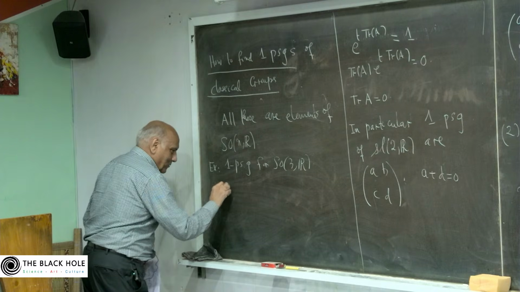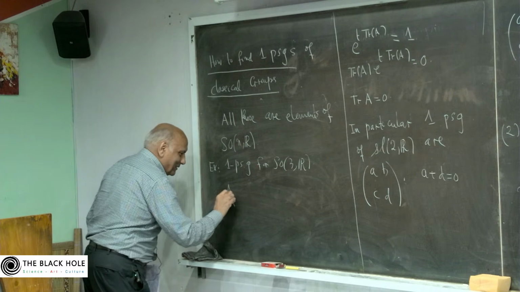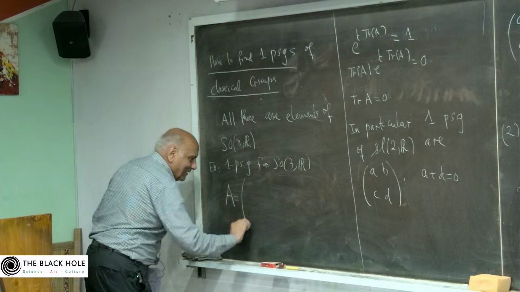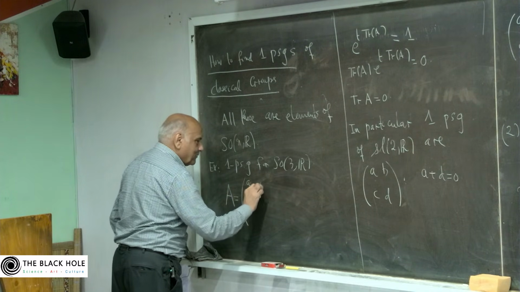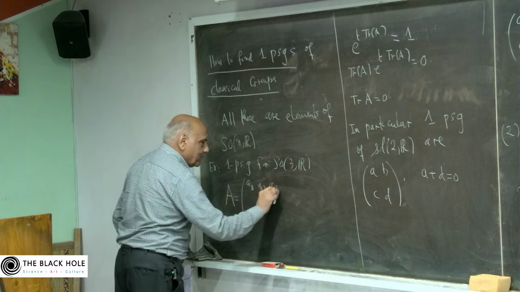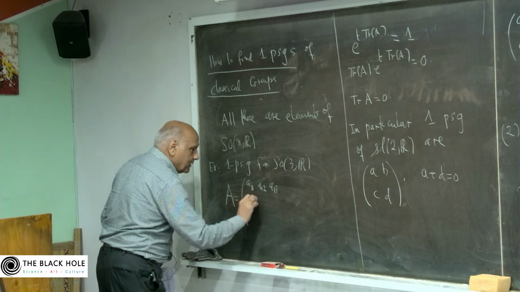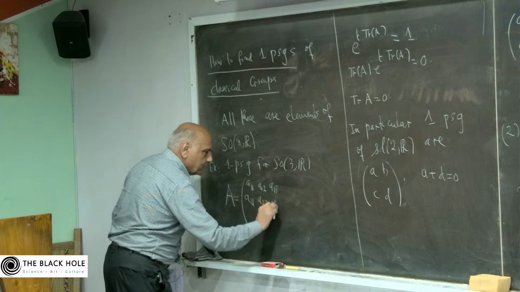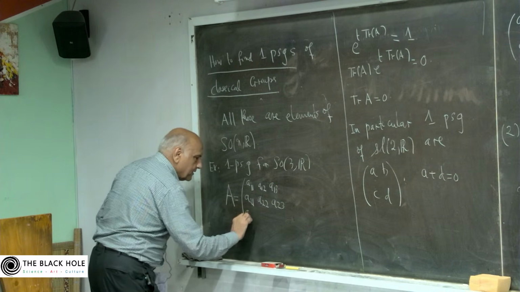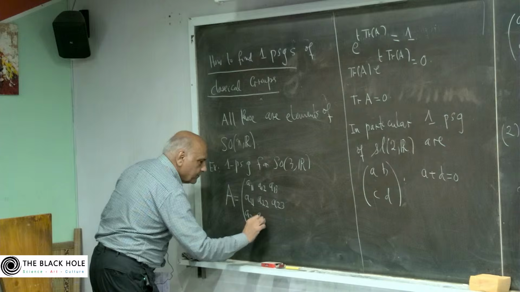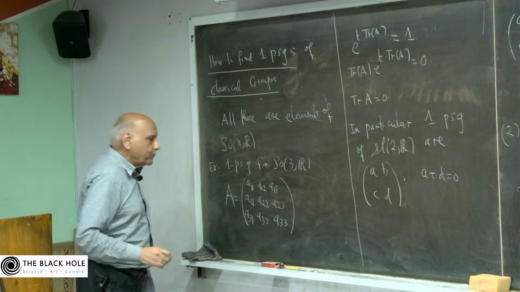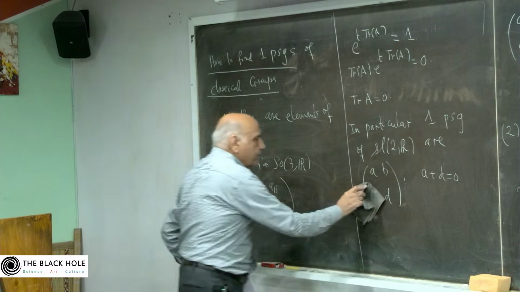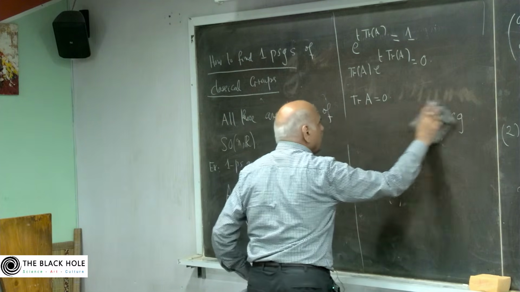So, okay, then we have to be a little bit more sophisticated. A11, A12, A13, A21, A22, A23, A31, A32, A33. And what is the transpose? You just make rows become columns.